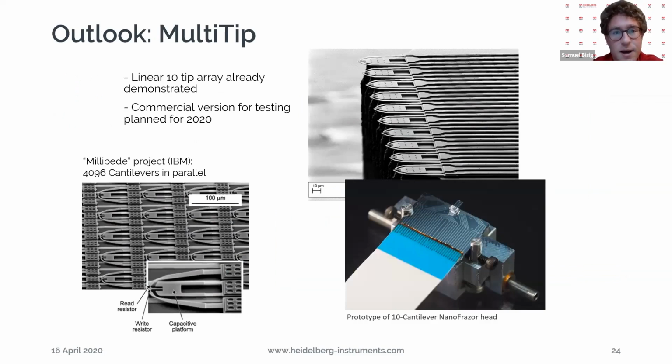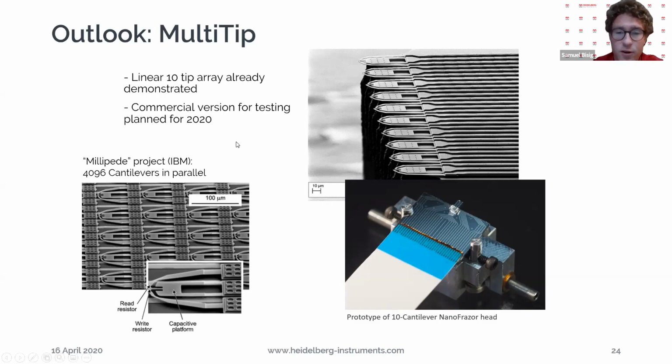That's the one idea about the laser mix and match, but maybe you still want the resolution while increasing the throughput, and there we are going in the direction of multi-tip. At the moment we are finalizing the fabrication of these multi-tips, where you can see an array of 10 tips. We even try to commercialize this by the end of the year, where you can use 10 cantilevers in parallel to get higher throughput.